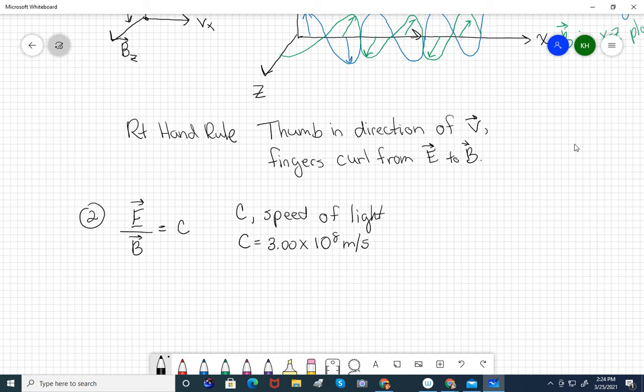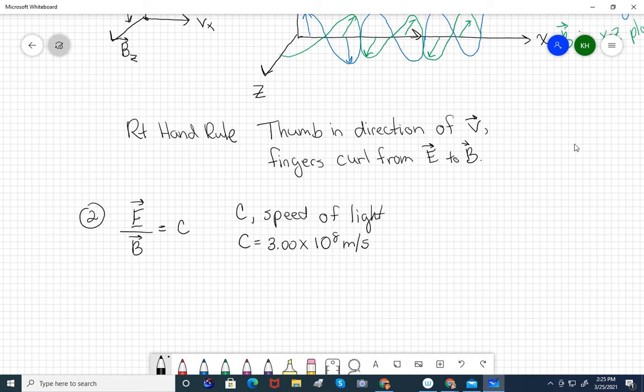Important thing to realize is although the numerical size of E is always much larger than the size of B, if the magnetic field is 1 Tesla, then the electric field is going to be 3 times 10 to the 8th volts per meter. That doesn't really mean the electric field is stronger than the magnetic field, because electric fields and magnetic fields have completely different units.